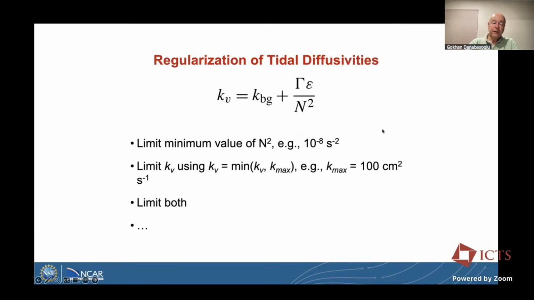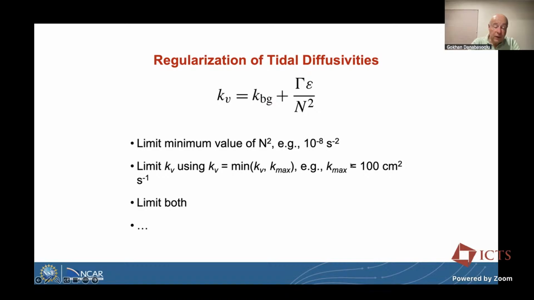Regularization occurs in many places, and you can probably see right away that anytime you see a division like this, you should be really suspicious. What do you do if N squared is really small or goes to 0? You can limit the value of N squared, say to 10 to the minus 8 per second squared, or you can limit the resulting kappa diffusivity coefficient.